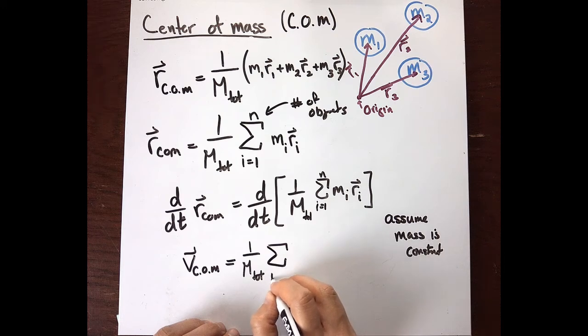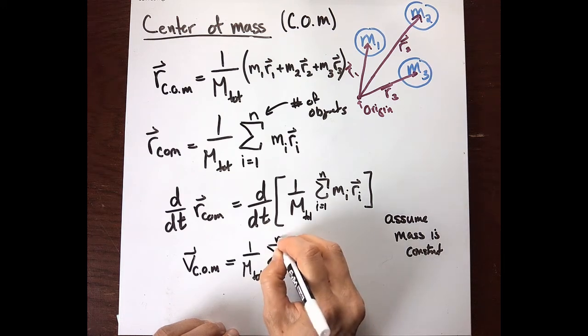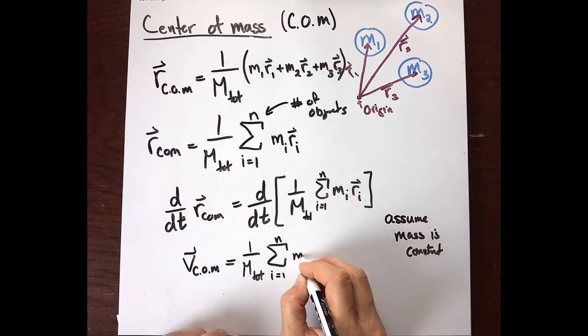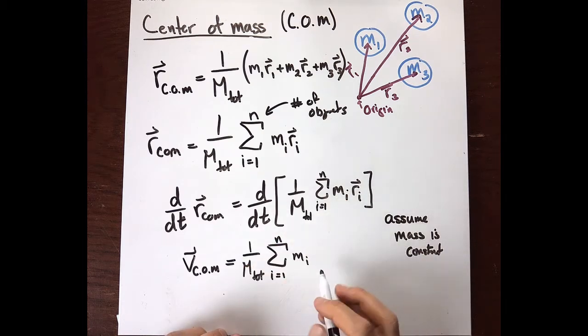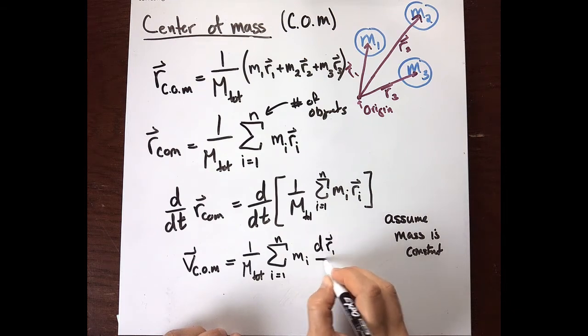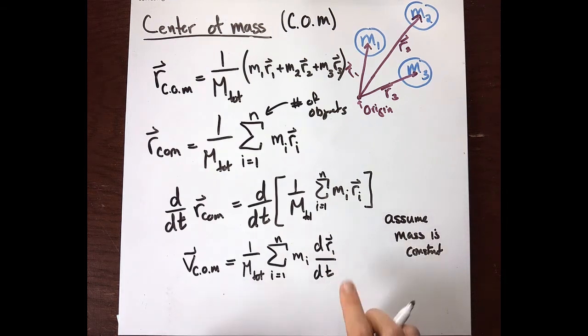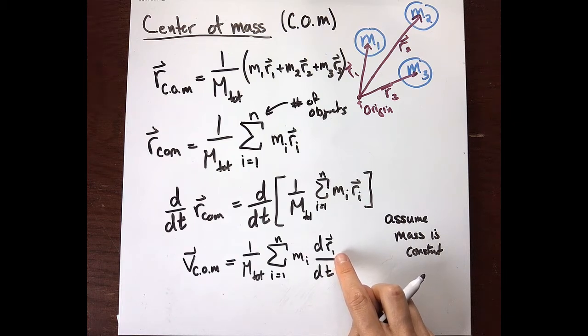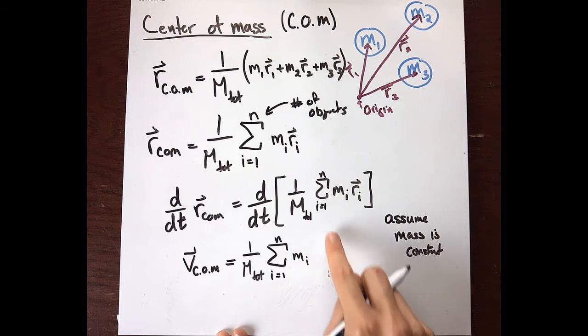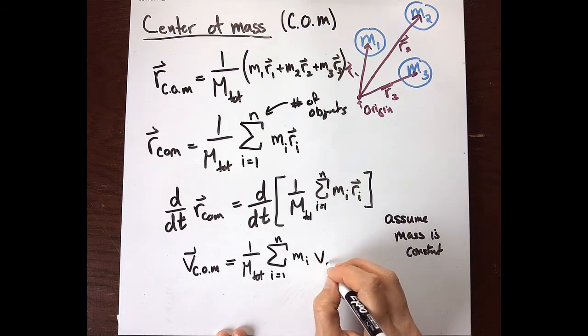So I'm going to go ahead and do that. And then according to our assumption, mass is constant, so that mass is also constant. So the derivative just moves inside of that without changing it, and we are left with just this guy. The derivative of each individual position with respect to time. But that, of course, is the velocity of each individual mass.